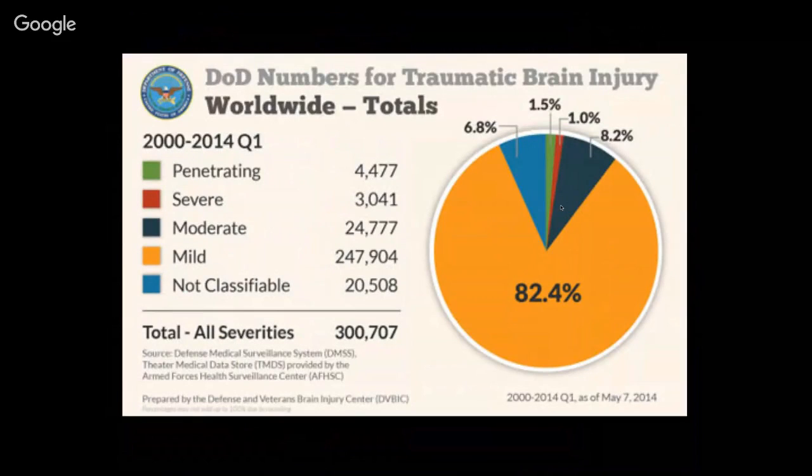And when we consider the incidence by severity of traumatic brain injury, this is the vast majority of patients who sustain a traumatic brain injury, where current clinical imaging approaches have little to no role in providing care providers the information that they need to make management decisions for these patients.